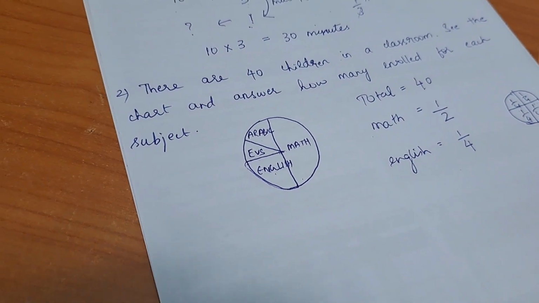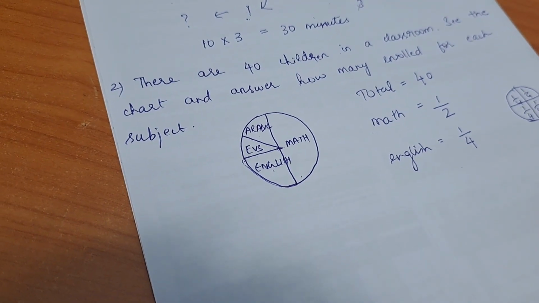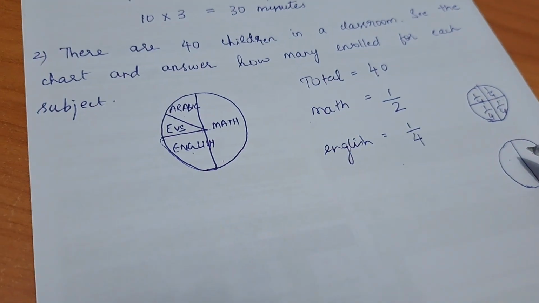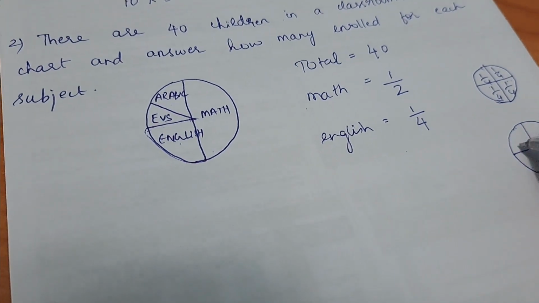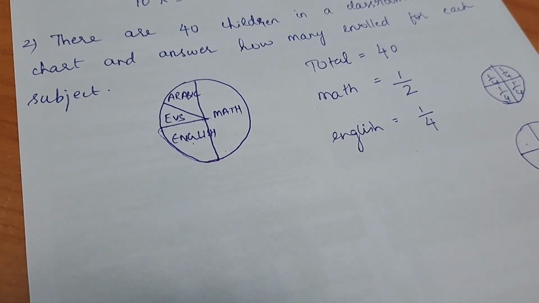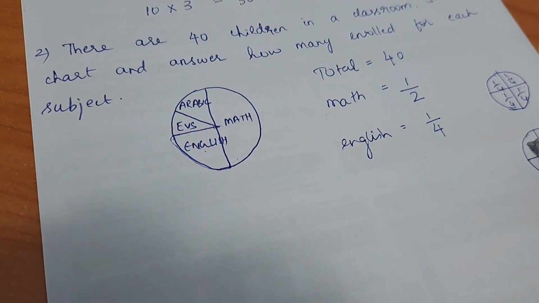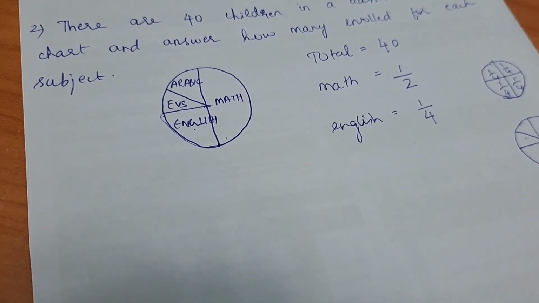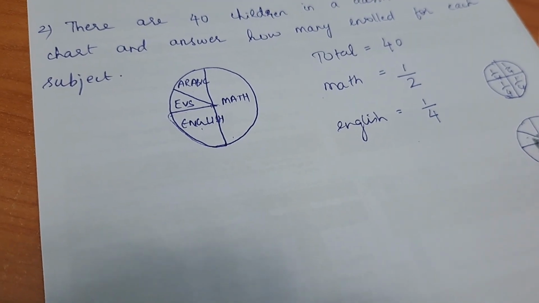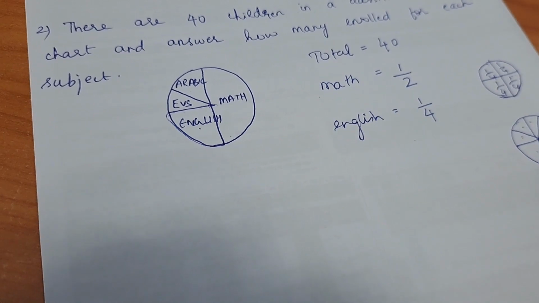Next, the same circle. This is divided into 2 halves. Now if I divide it further, it is divided into 4 quarters, that is 1 by 4. If I divide it into even more further, how much will each part be? What are the total number of parts? 1, 2, 3, 4, 5, 6, 7, 8.